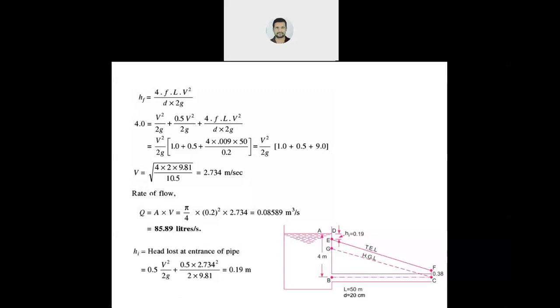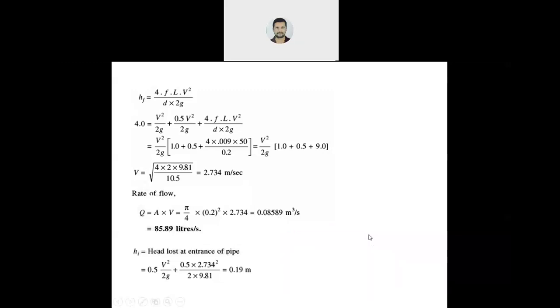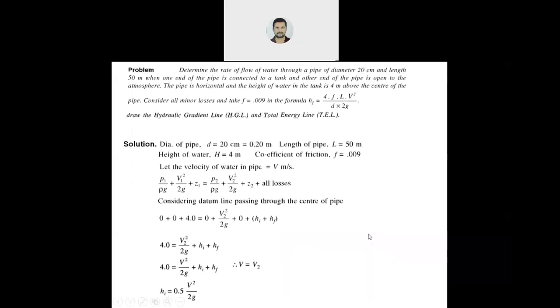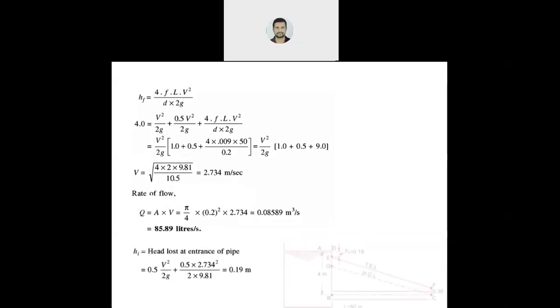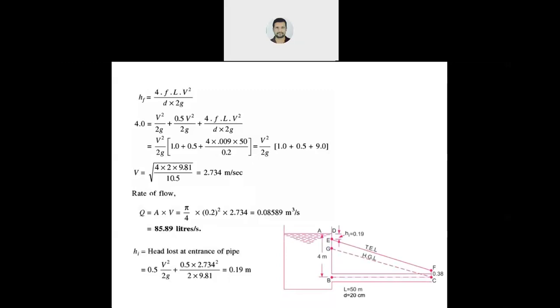Which value do you know before, 0.38 or 0.19? So you know 0.19 previously. So from the reference free surface, take point D at the free surface and mark another point E at a distance of 0.19.